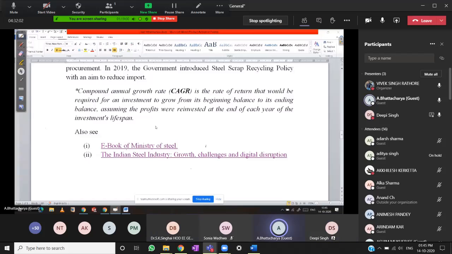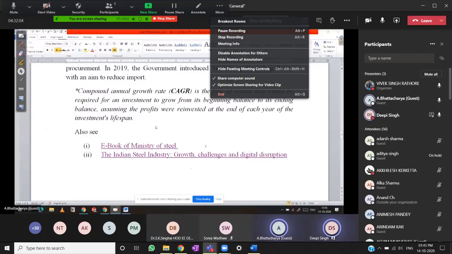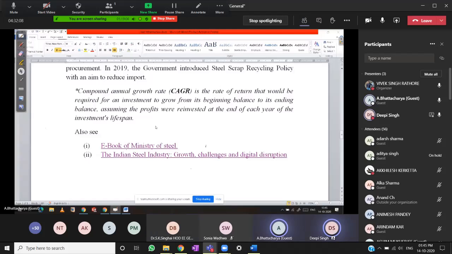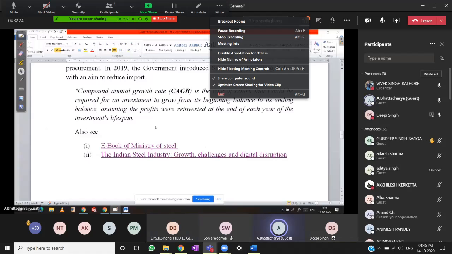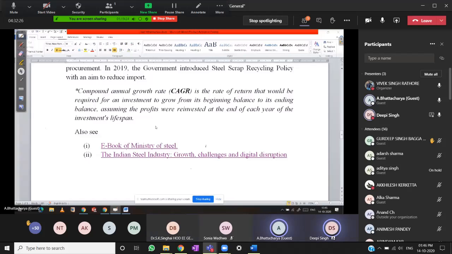Actually, Rourkela steel plant started with one captive power plant initially, when it was at the 1.8 million ton stage. Then as the modernization started, the capacity went up. Another power plant, 20 megawatt capacity.